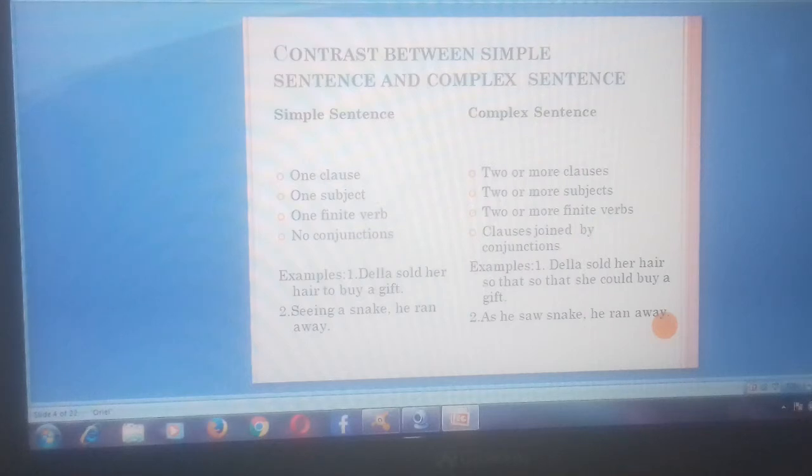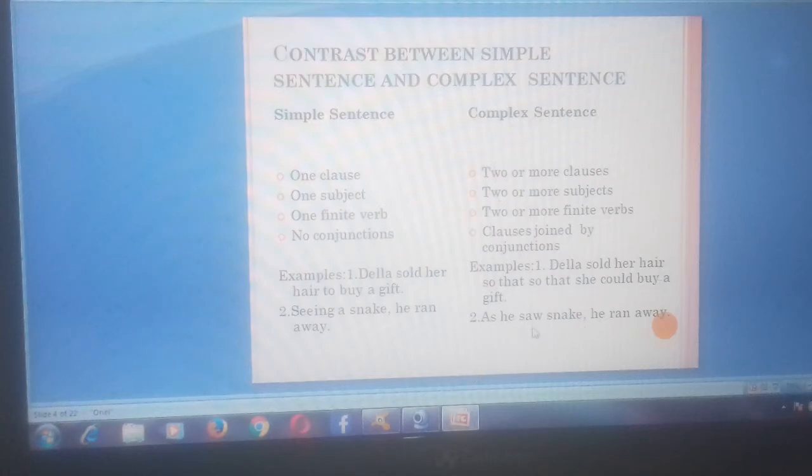And the traits of complex sentences are, we will find two or more clauses in a complex sentence, two or more subjects, two or more finite verbs, and clauses will be joined by conjunctions. Example, Della sold her hair so that she could buy a gift.